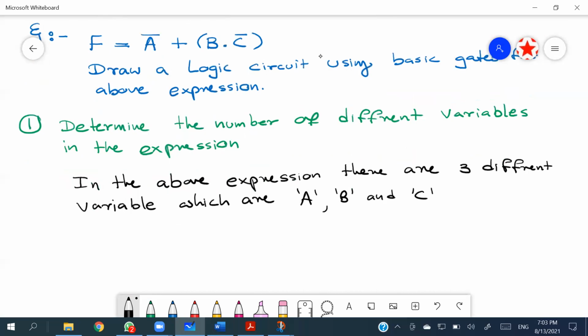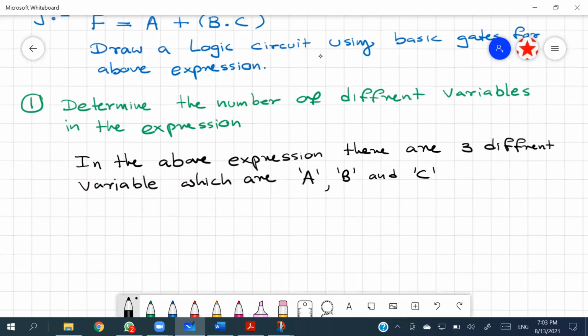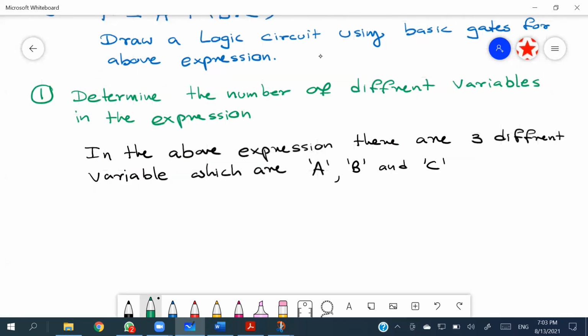So we determine the number of different variables. Very simple thing.